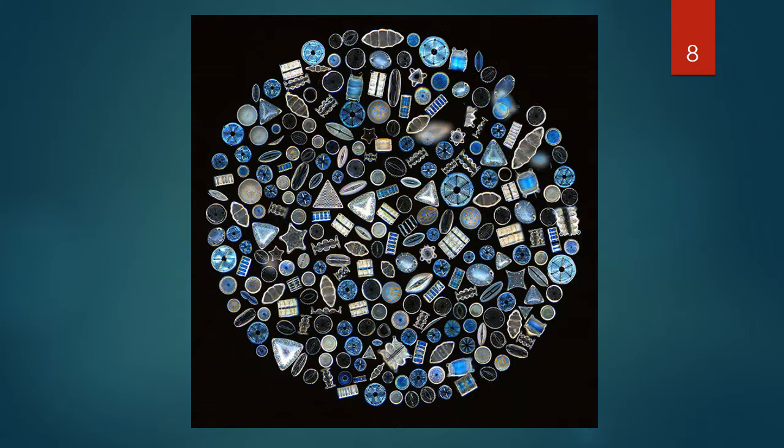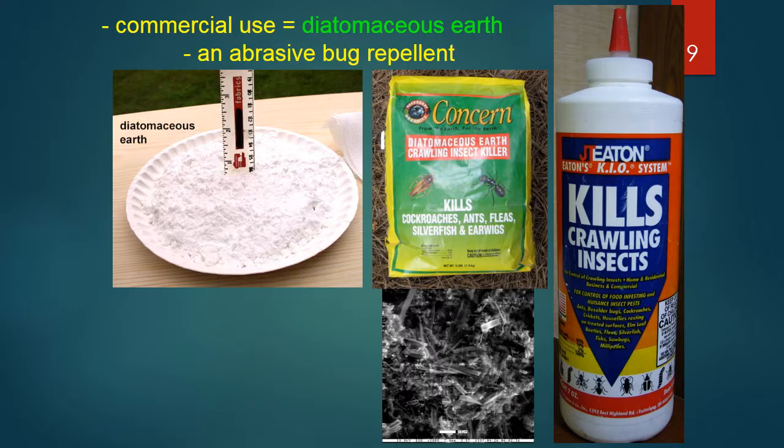Also important to know is their ecological role, not only as oxygen producers, but also as the phytoplankton base of fresh and marine water food chains. From an economic perspective, diatoms have a huge commercial use in what we call diatomaceous earth.